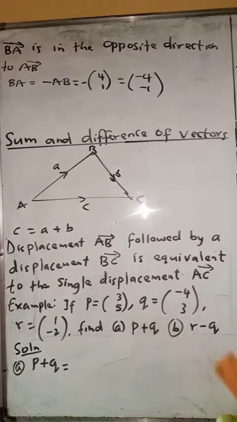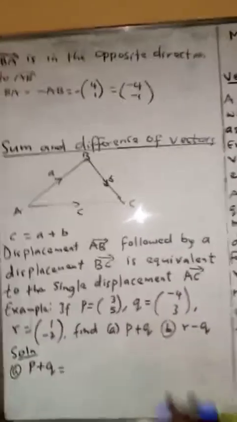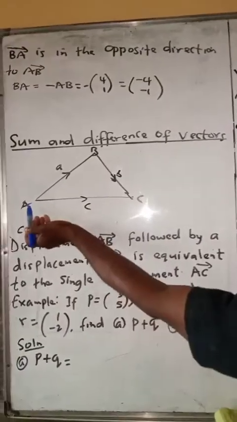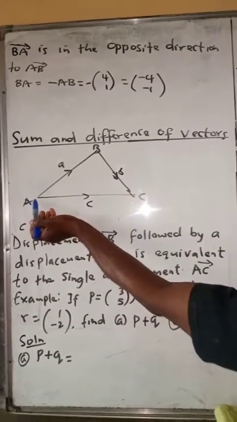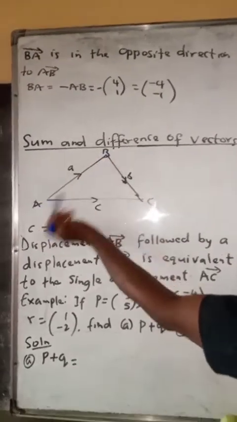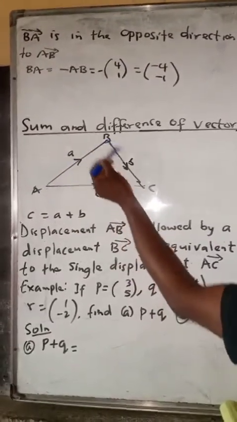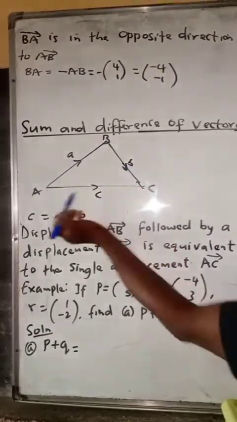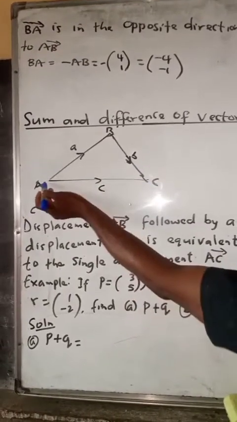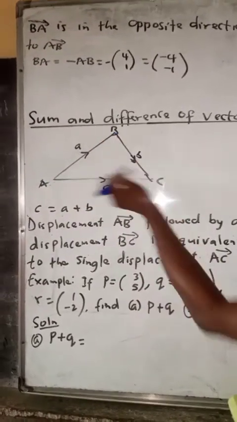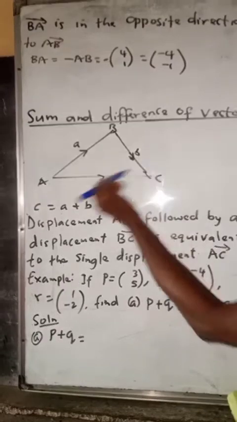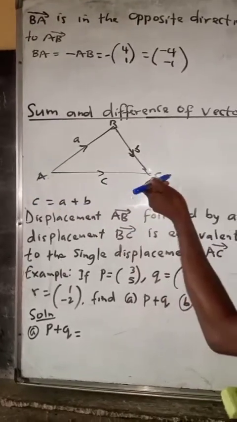Now let's look at sum and difference of vectors. This is a triangle. Now there's a translation displacement from A to B and from B to C. So vector AB is a, vector BC is b, and now vector AC is c. Vectors AB and BC are going in the same direction, while vector AC is in the contrary direction.